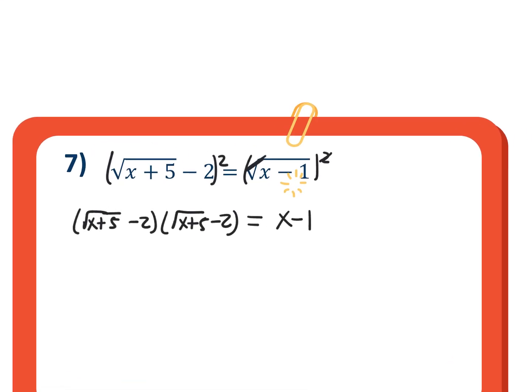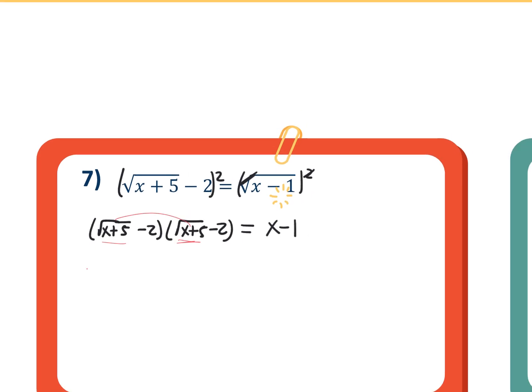Once again, just like before, you can try to FOIL. These square roots are going to become their own thing, so I'm going to make that into the square root of x plus 5 squared. Then I got the square root of x plus 5 times negative 2, which is negative 2 square root of x plus 5. And then I get negative 2 times the square root of x plus 5 again.